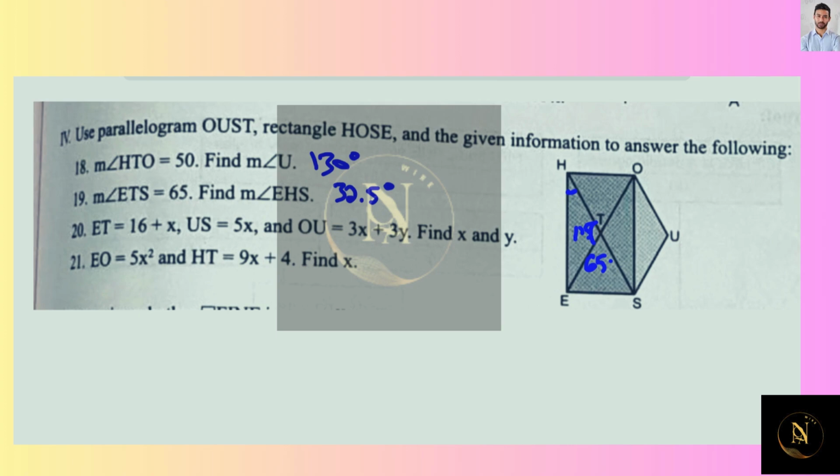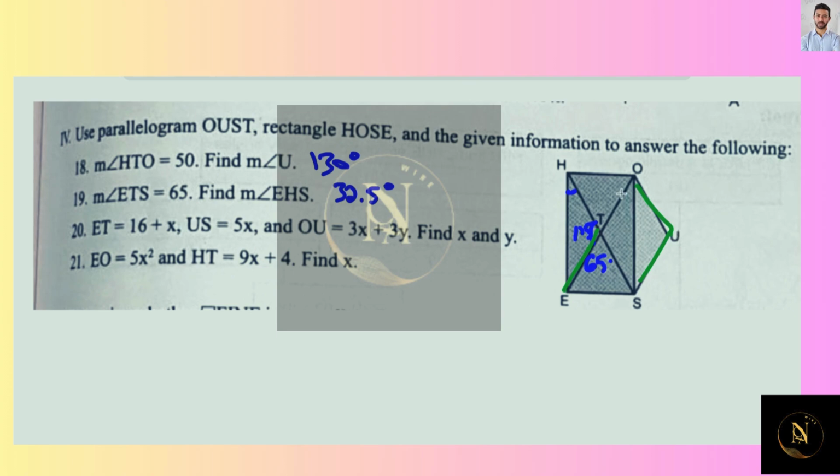Next, if we have information about ET and US and OU, find X, find Y. Well, all three of these are going to be congruent because diagonals of a rectangle are congruent and they are bisected.